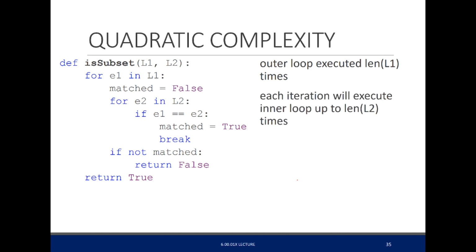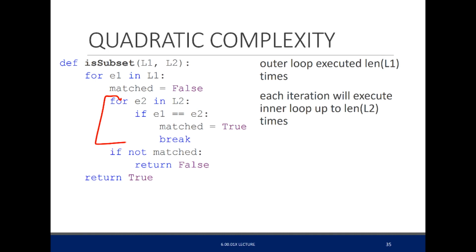What else do I know? For each outer iteration, for each element in L1, I'm going to go through this inner loop up to the length of L2 times. In the worst case, I am going to go through it the full length of L2 times. So what do I have then? I've got an outer loop that I do length of L1 times, and for each one of those, I do length of L2 kinds of operations.